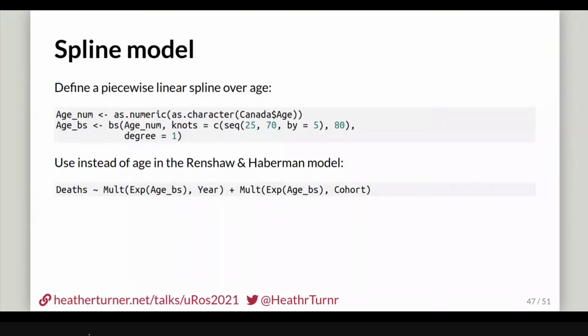We're just going to assume a linear spline where there's a linear piece for every 5 years. The first line there is just converting the age factor into a numeric variable in order to define the spline. And then once we've got that age spline, we can use that in our model instead of the age factor.